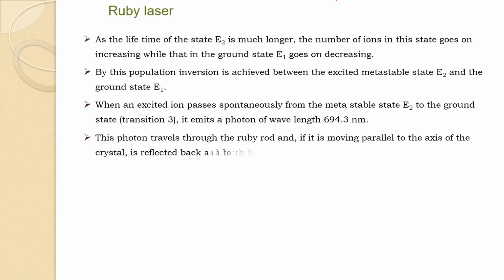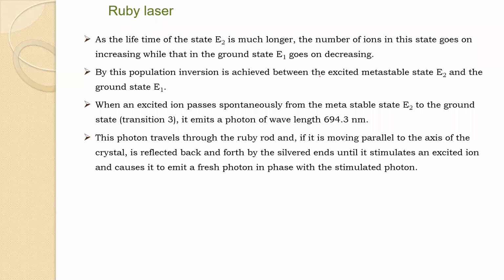This photon travels through the ruby rod, and if it is moving parallel to the axis of the crystal, it is reflected back and forth by the silvered mirrors until it stimulates an excited ion and causes it to emit a fresh photon in phase with the stimulating photon.